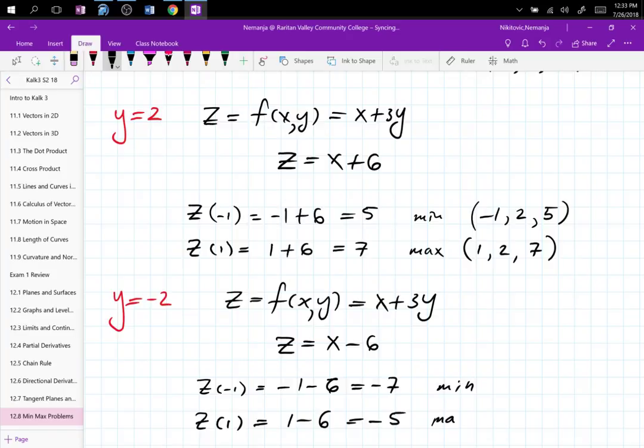And this is going to be a local max, right? This is happening at x is -1, y is -2, and z is -7. And this is happening at x equal to 1, y is -2, and z is -5, right?